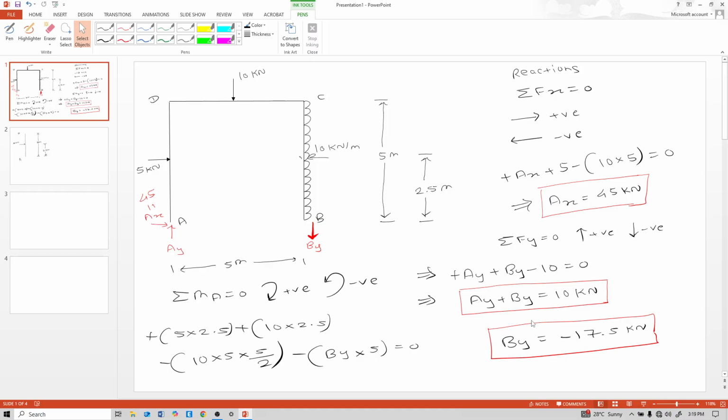Ay, put this By in equation 1. So 10 plus 17.5, 27.5 is this Ay.